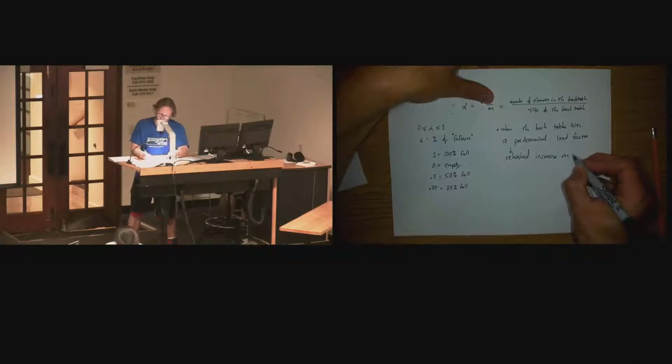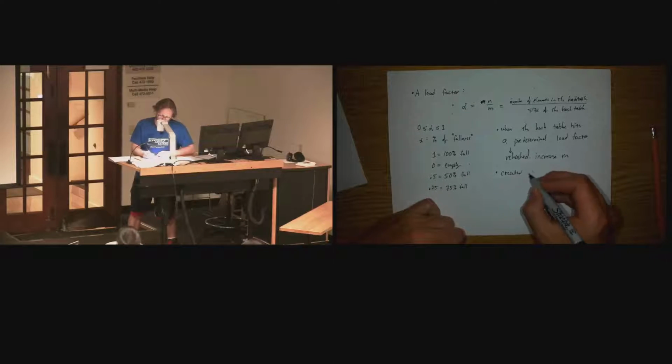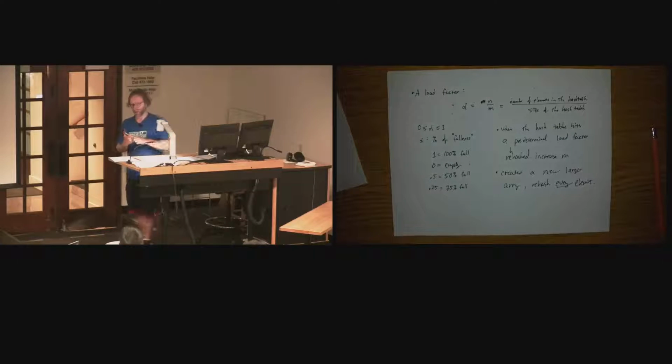We increase m, I don't know, by some factor, right? In other words, we create a new, larger array, and rehash every element. This is just like an array list.